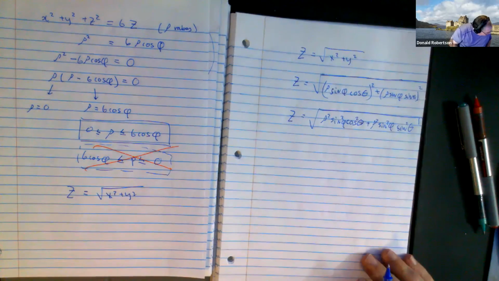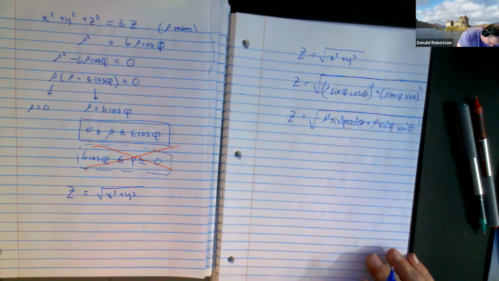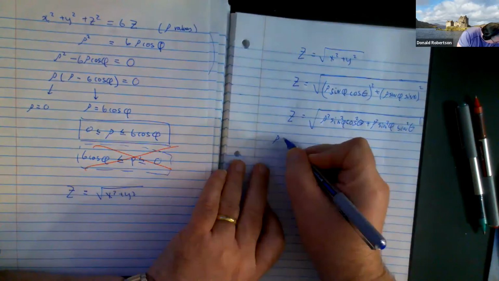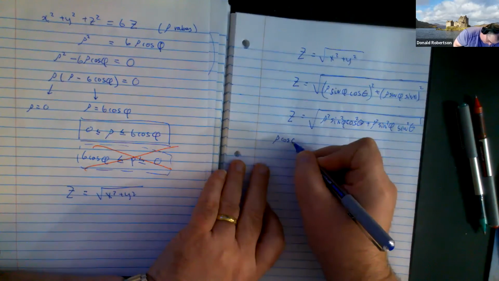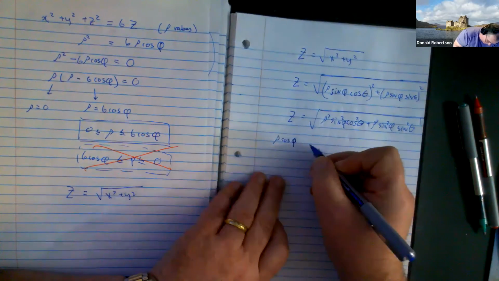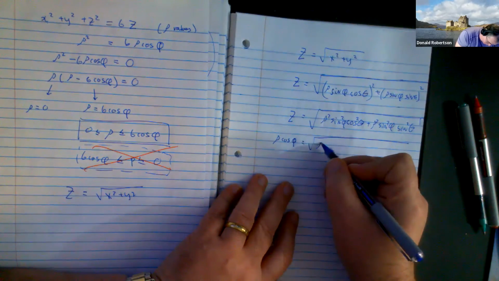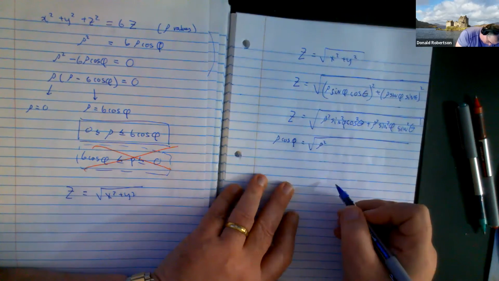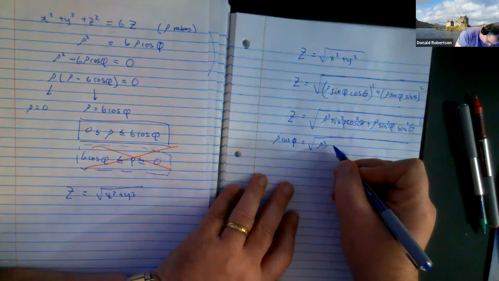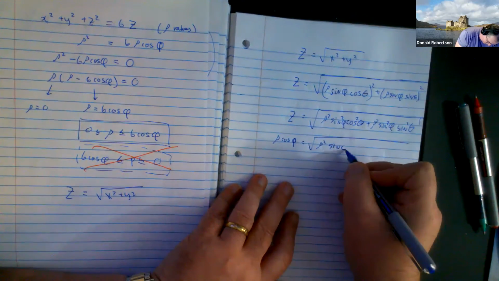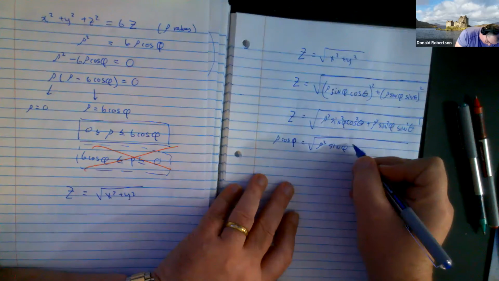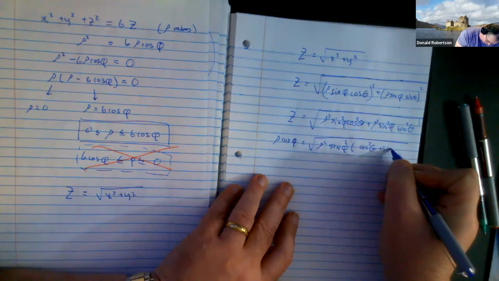And what do I know about Z? Z is rho cos phi. Okay. I can pull out a rho squared. I can pull out a sine squared of phi. And if I do that, I get a cos squared theta plus sine squared theta.